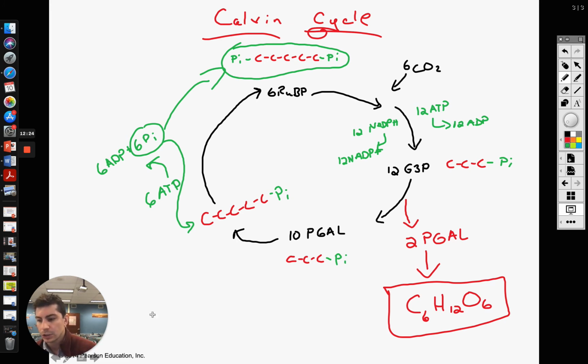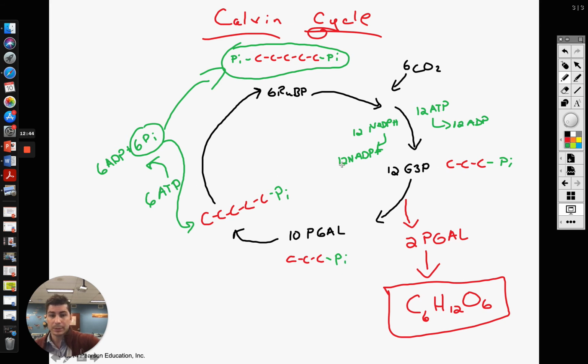Okay? So that is your whole Kelvin cycle, guys. Not the best drawing in the world, but you guys get the concept. I tried to make it as neat as I could. The goal, form our C6H12O6. In doing so, I'm using a whole lot of ATP.